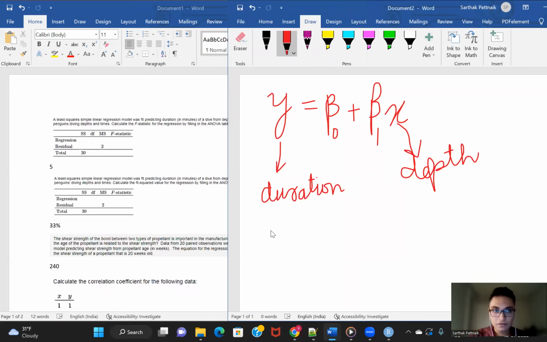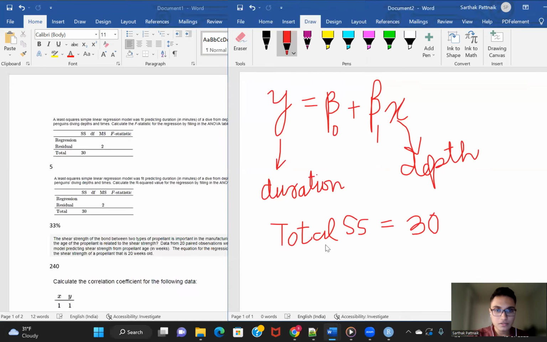What all you have been given? You have been given total sum of squares. You have been given residual mean square.